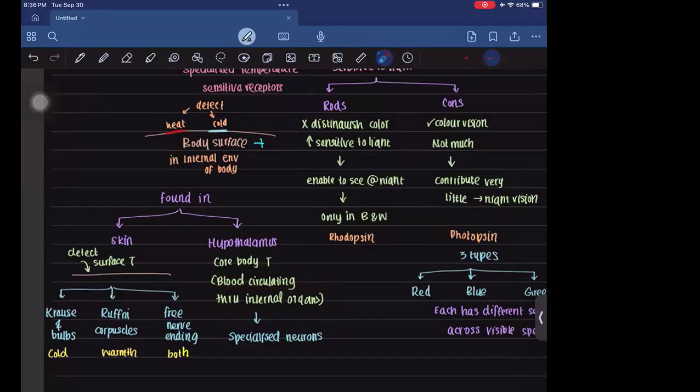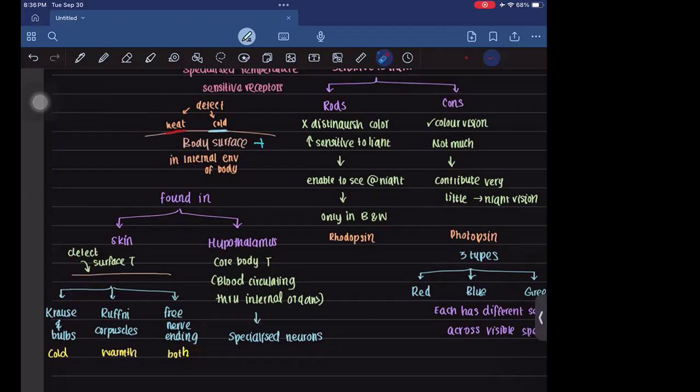So when you say internal environment, it is your internal body fluids, the blood, the interstitial fluid. That is what you consider as the internal environment. So hypothalamus will be basically detecting the core body temperature, which means the temperature of the blood circulating through your internal organs. So what do they have for this purpose? They have specialized neurons for this purpose.